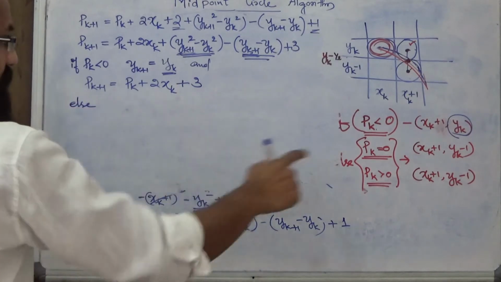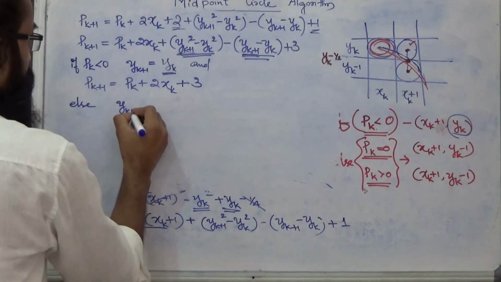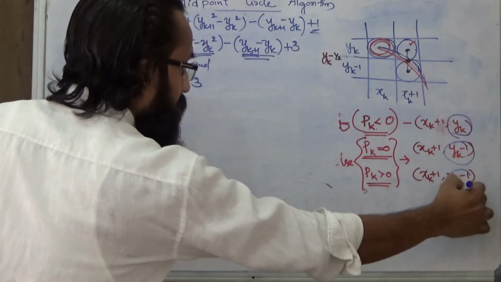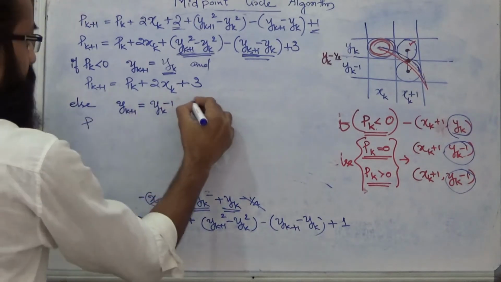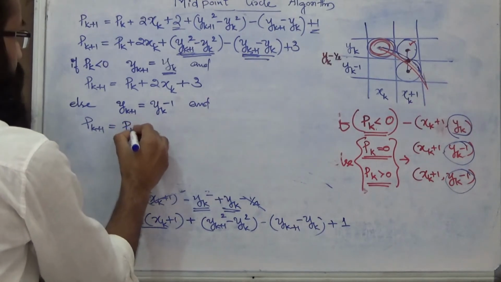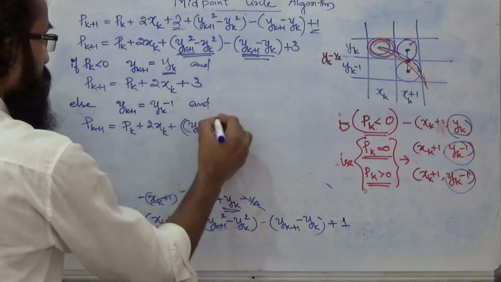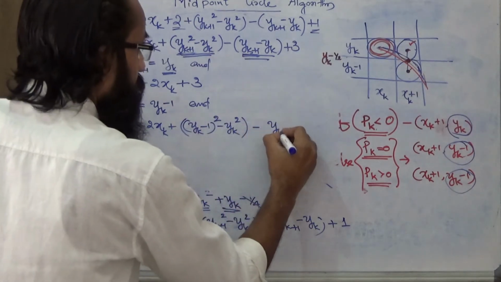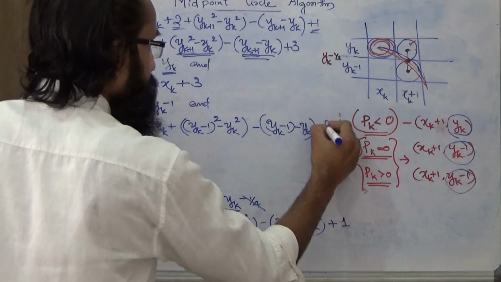Else, if pk is greater than or equal to 0, the next y value, yk+1, will be equal to yk minus 1. So the new decision parameter pk+1 will be equal to pk plus 2xk plus (yk minus 1)² minus yk² minus (yk minus 1) minus yk plus 3.